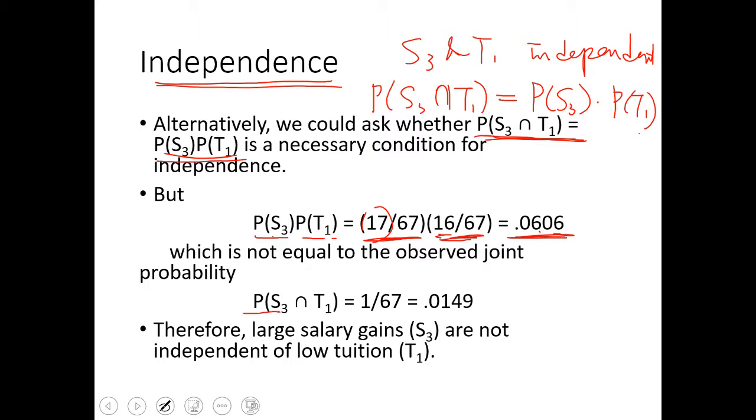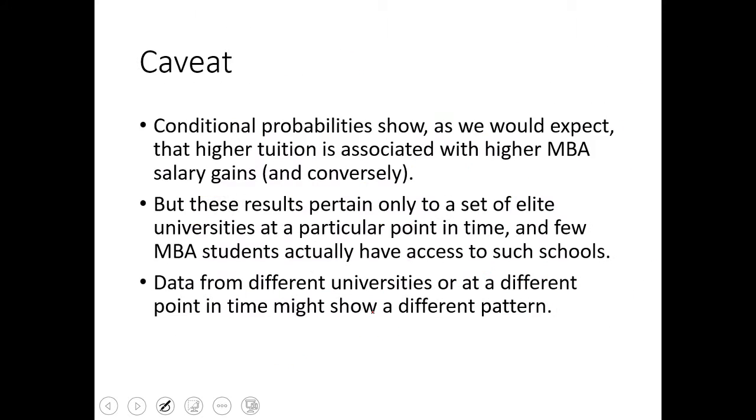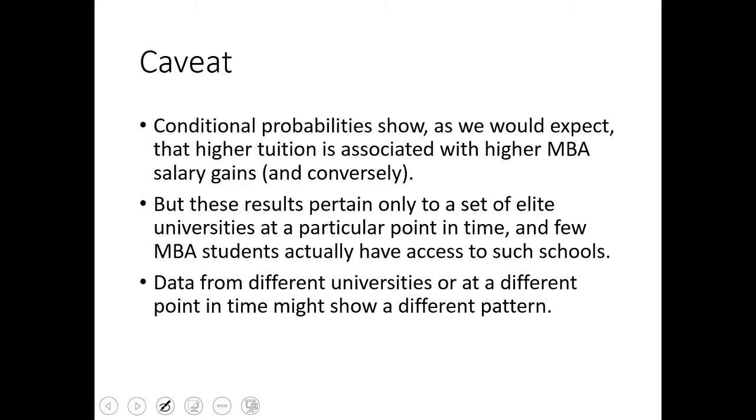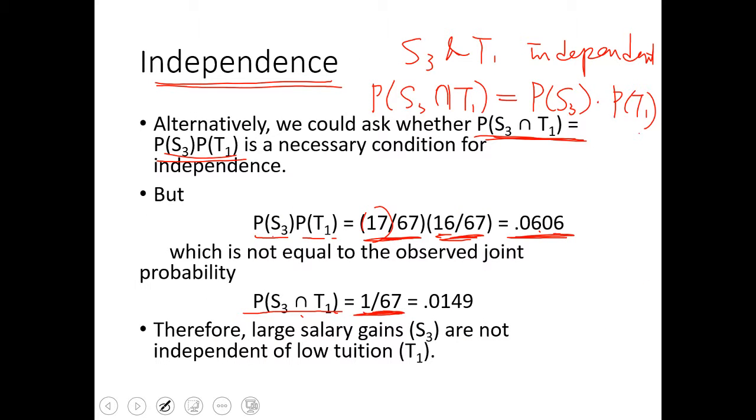On the other hand, the probability of S3 intersection T1 is 1 over 67. Therefore, these two values are not the same, so this equation is not satisfied. That means they are not independent. So the large salary gain is not independent of low tuition.